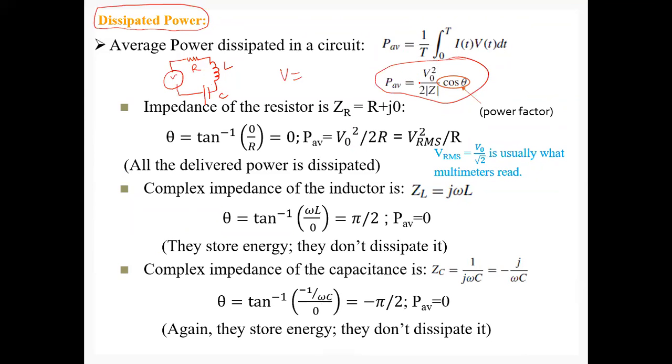So here, what are these things? V0 is the amplitude. What is Z?